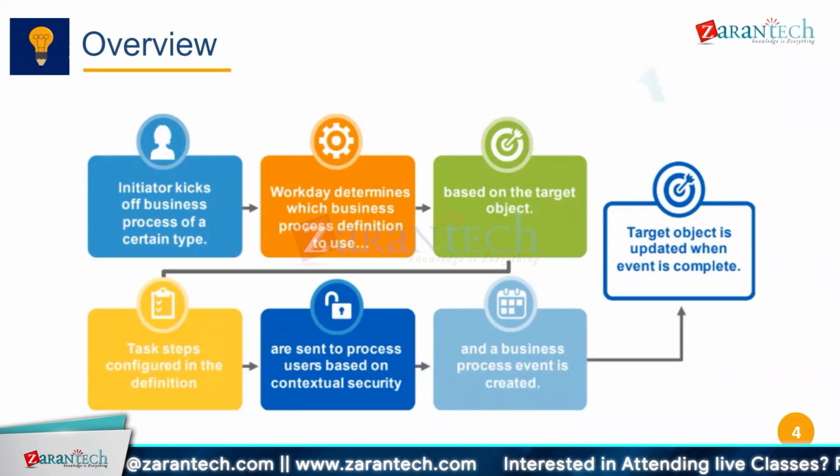Workday determines which business process definition to use based on the target object. Task steps configured in the definition are sent to process users based on contextual security, and a business process event is created. The target object is updated when the event is complete.